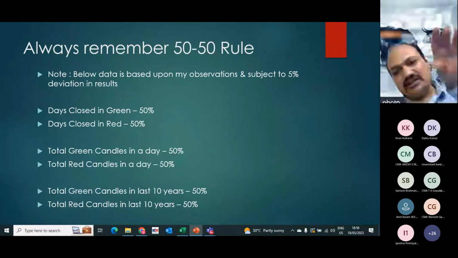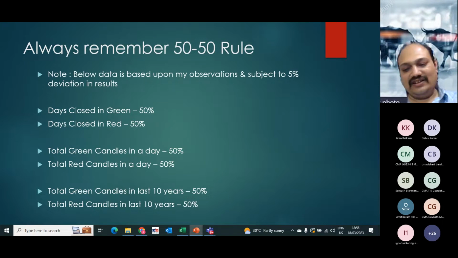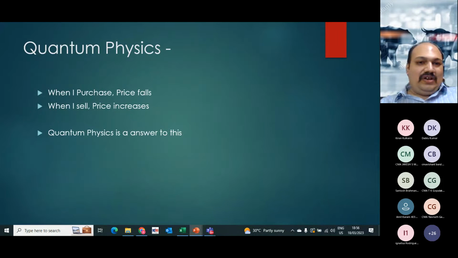These are the principles, and these are my observations in the last 20 years.